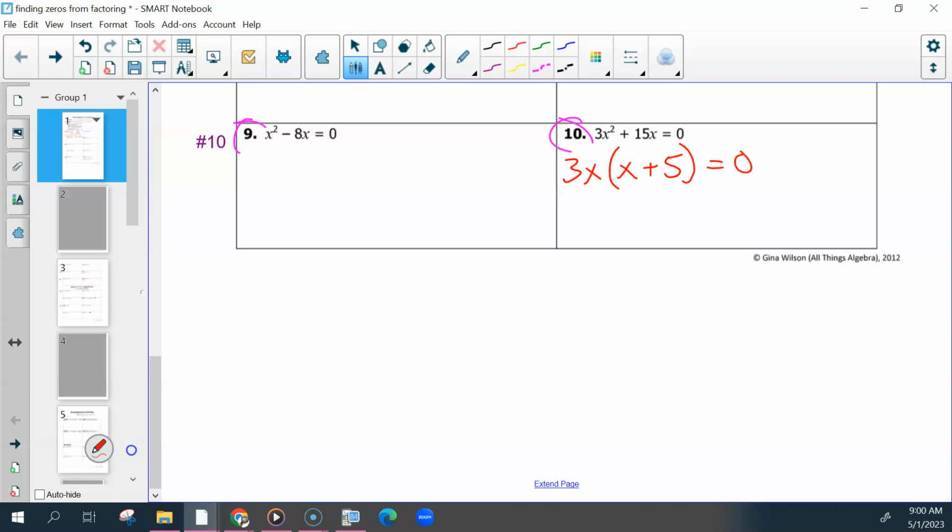So we have now factored this. Now we're going to take each factor and set it equal to 0. So the 3x counts as a factor, and the x plus 5 counts as a factor. What's nice about your GCFs is that anytime you factor out something with an x, that will always be 0, no matter what.